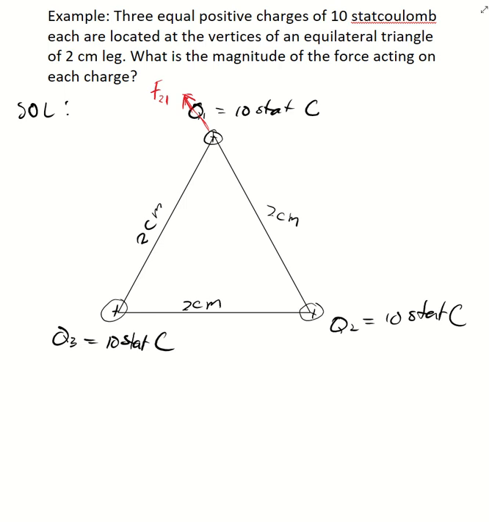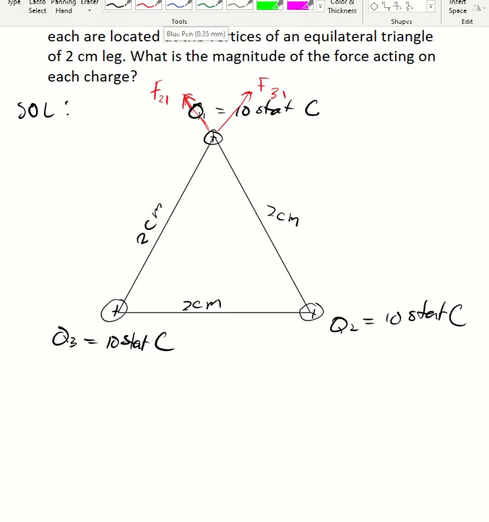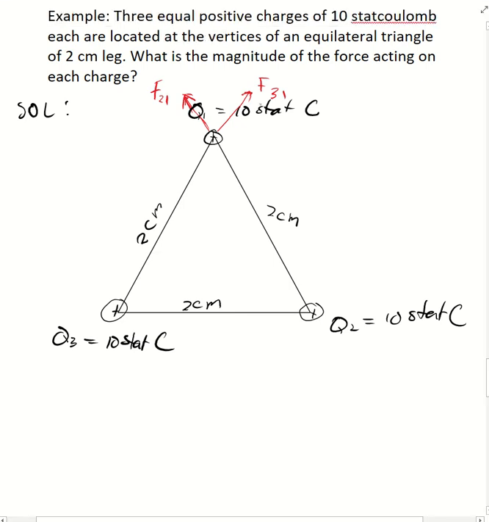We look at Q3, and what will be the effect? It's still both positive, so the direction of the force should be in this direction. Let's call it F31, from 3 to 1, the force on Q1 due to Q3. So now if you want to determine the net force at Q1, we just need to add these two vectors, F21 and F31.